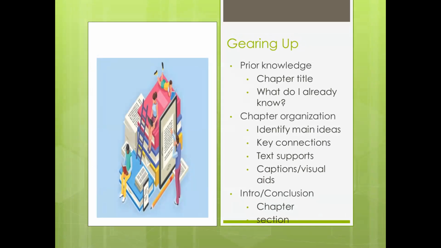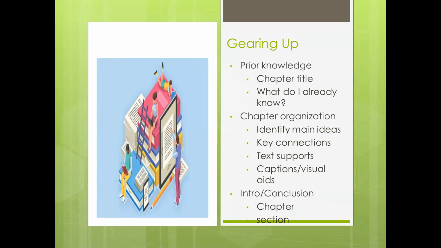Also think about chapter organization as you gear up to read. Try to identify main ideas and make connections between key aspects of the chapter. Also, pay attention to textual supports like visuals, graphs, and diagrams.